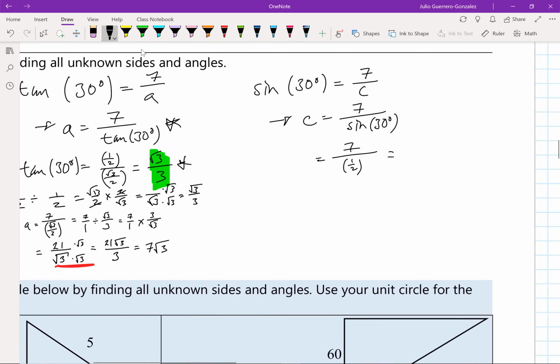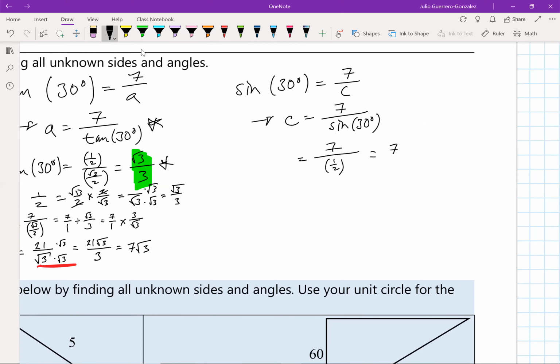So we have this going on again. 7 over 1 divided by 1/2. 7 over 1 times 2 over 1. So I can turn my division into a multiplication by flipping the second. 14.